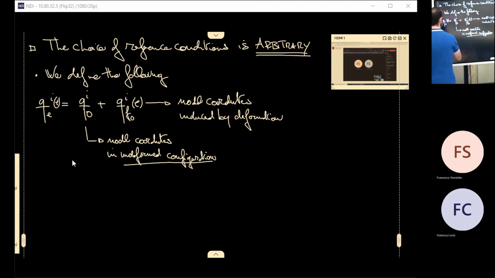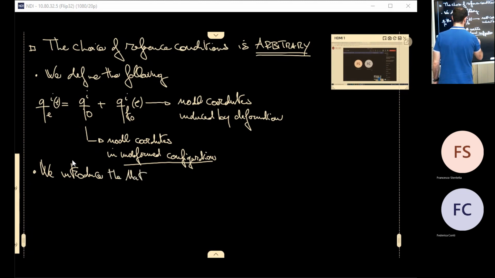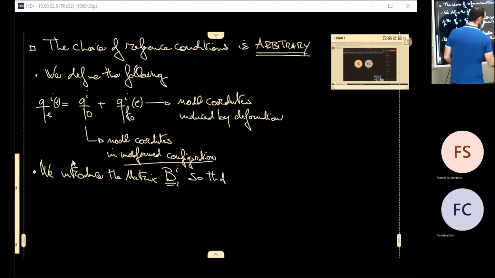Then we define the matrix B_2^i, and please note that it is i, not ij, as in B1. Why? This is actually really how a code works.